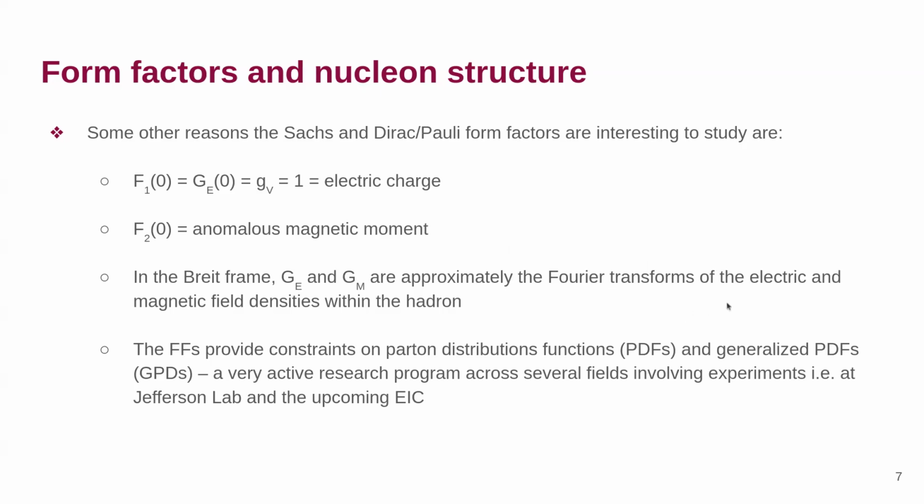And the form factors provide some constraints on these structure functions. And so those are useful for the large number of people and the growing number of experiments that are aimed at studying these particular quantities, say at Jefferson Lab and the upcoming EIC.